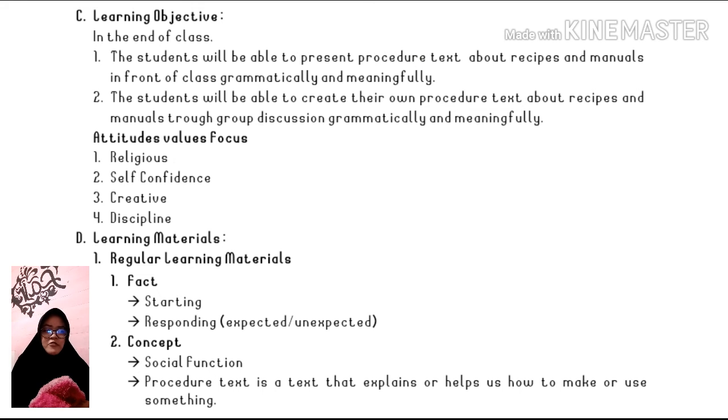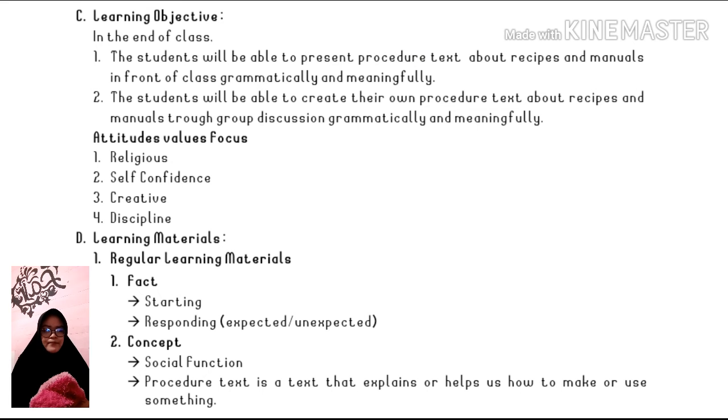So, we are going to talk about learning materials. About the learning material, there is regular learning material. The first is fact. The fact here consists of starting and responding, expected or unexpected.